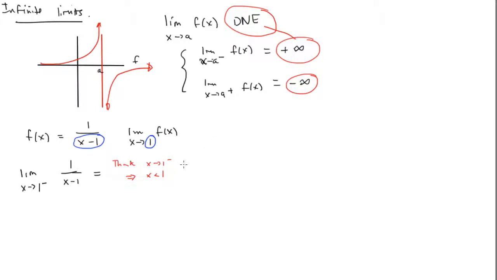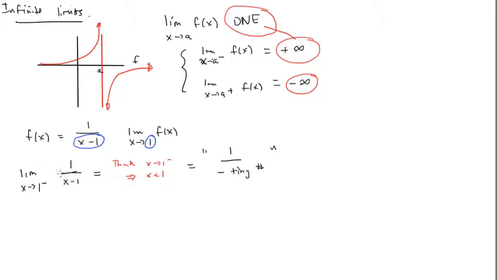So this thing is, in quotes, of the form 1 over a negative tiny number. Now we know if you divide by tiny numbers, you get really, really big numbers. And the fact that there's a negative here means that you'll get really, really negative numbers.